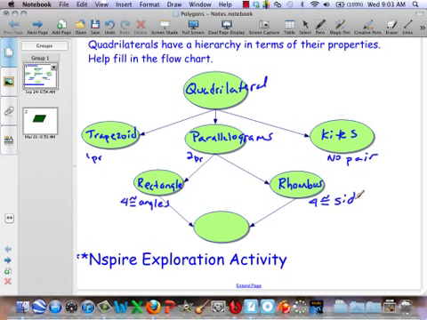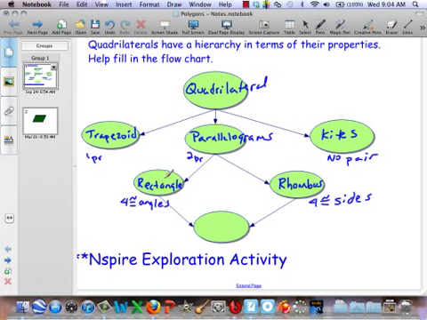Now, the reason why this is a flow chart is the concepts that go into this. Whatever property parallelograms have, rectangles will have that same property. It's kind of like when you're born, you have characteristics of both of your parents.